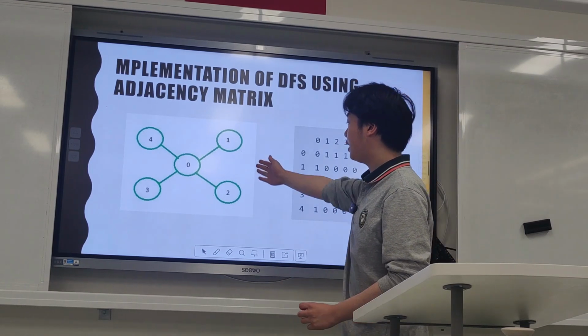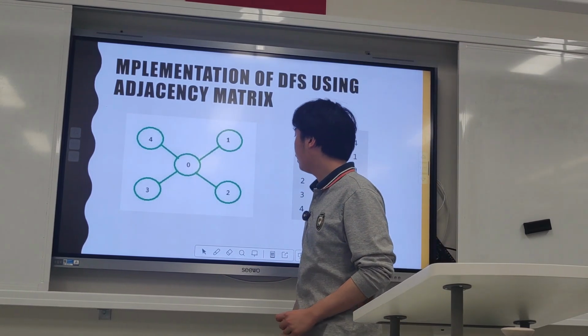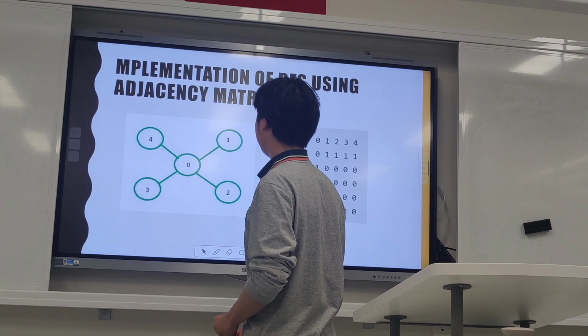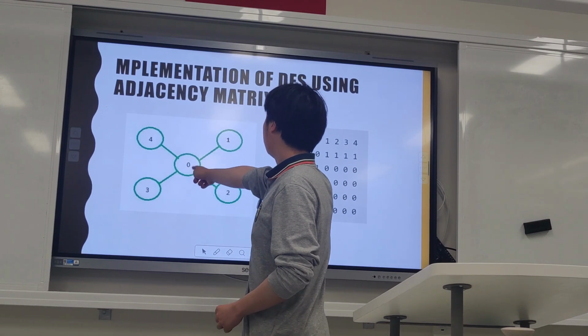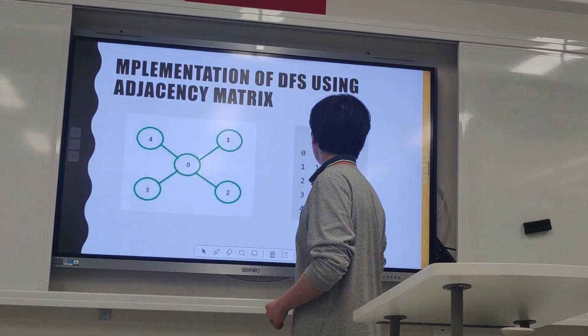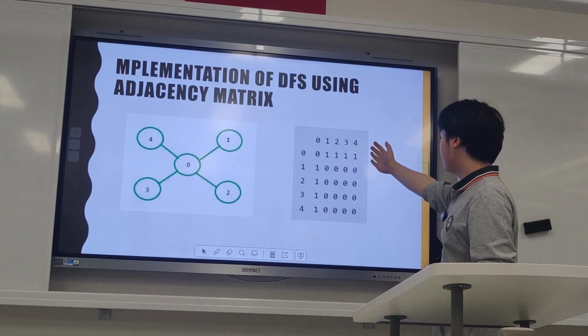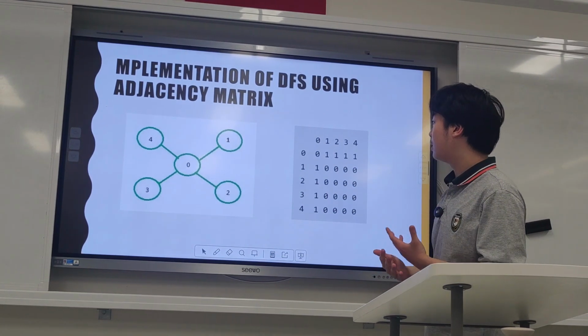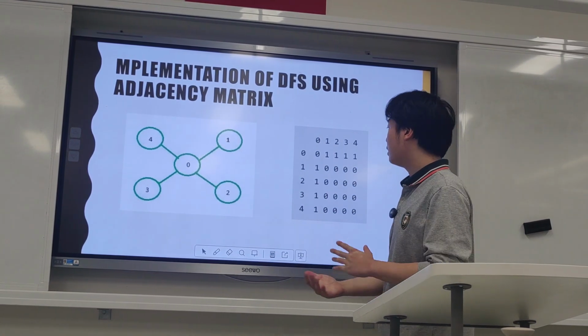Here we have a given graph. It contains 5 nodes: 0, 1, 2, 3, and 4. And here is an adjacency matrix that we use to represent this graph.